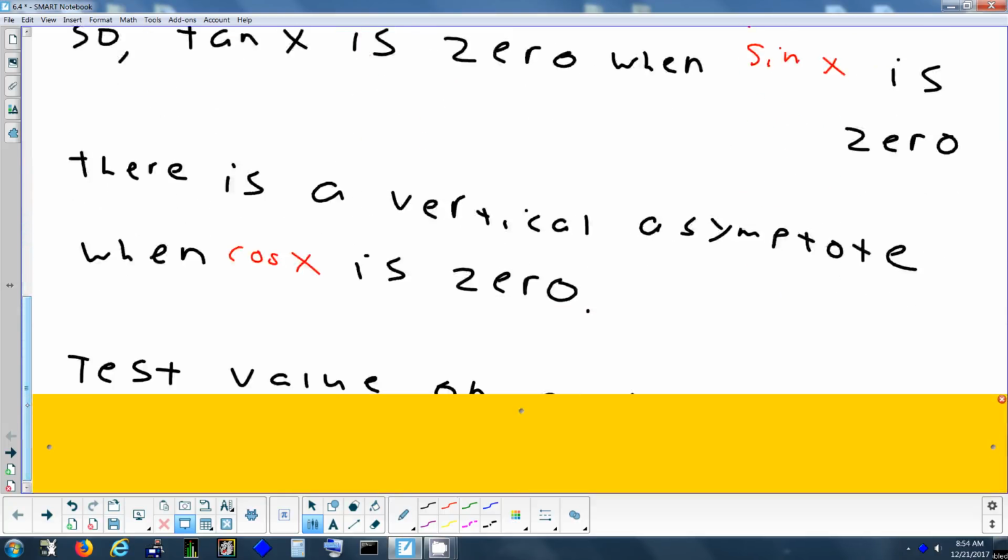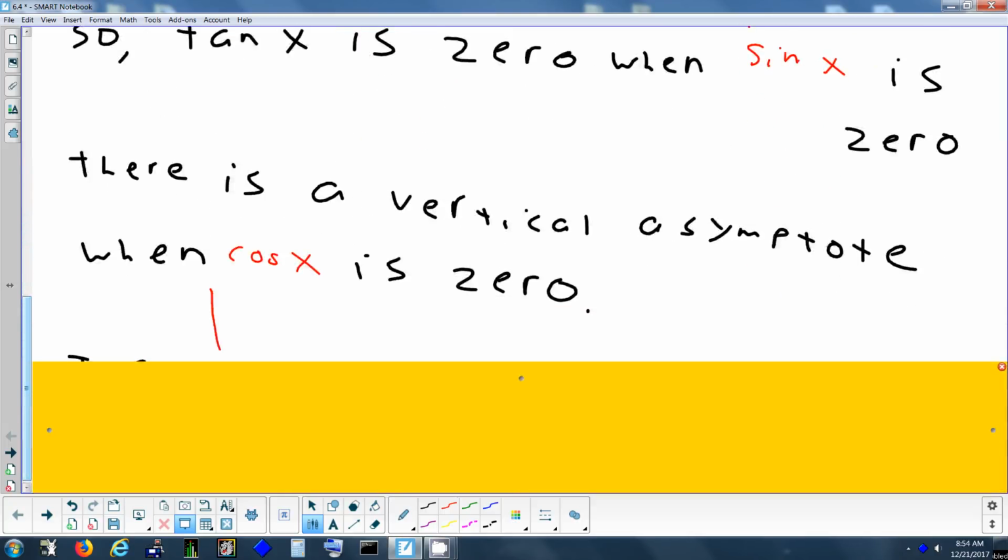So if we look at our graph of cosine, cosine starts at the top, comes down, keeps going. What's the first x value for cosine that gives me a y value of 0? Yeah? Pi over 2.